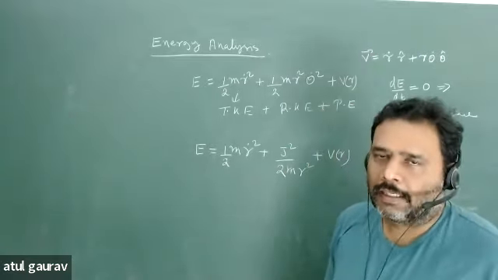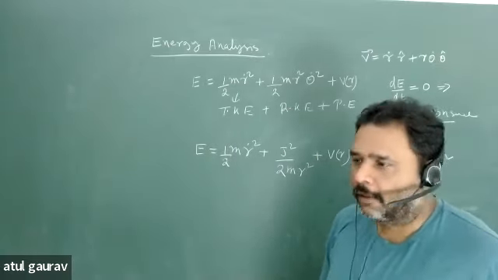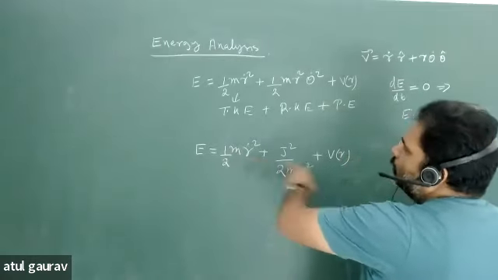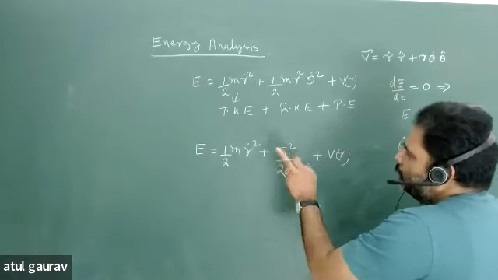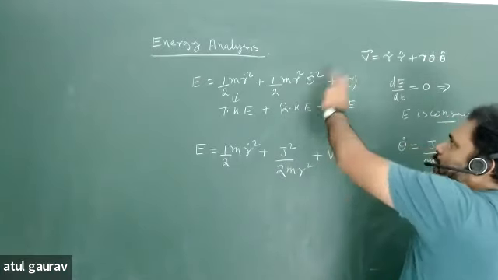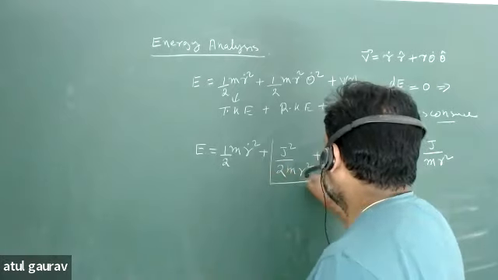Obviously time is an important part because the system is dynamical, so time will always be there. But look here. This is your total energy, and this is nothing but the rotational kinetic energy. We have just written rotational kinetic energy as a function of r by replacing theta dot, and we get these two things.